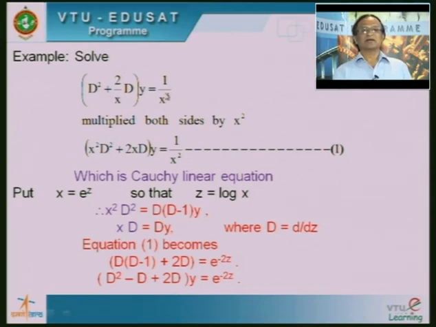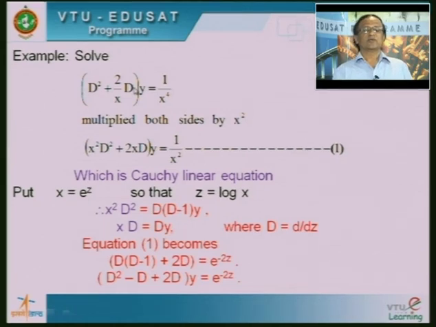So, I want to verify whether it is a Cauchy linear equation or not. When we observe this equation, you can write down where capital D is equal to d by dz. Is it clear? We can observe that the given equation is not a Cauchy linear equation, because the power of D is 2.